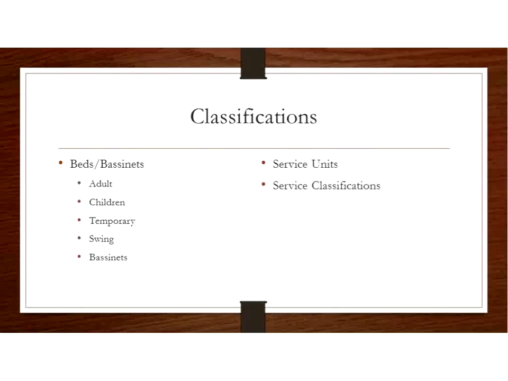Then they will be an obstetric patient or OB patient. Even if they're not delivered, as long as the admission is pregnancy related, they will be deemed an OB patient.